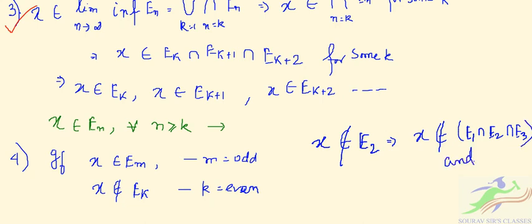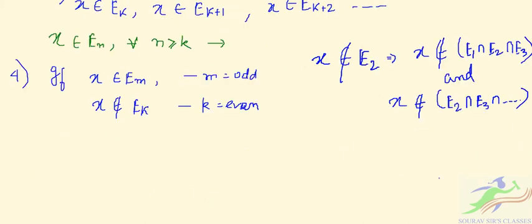and x will also not belong to E2 intersection E3 intersection this. For the even number, x will also belong to E4, which states that x is not a part of E3 intersection E4.